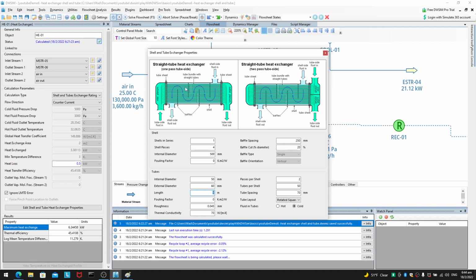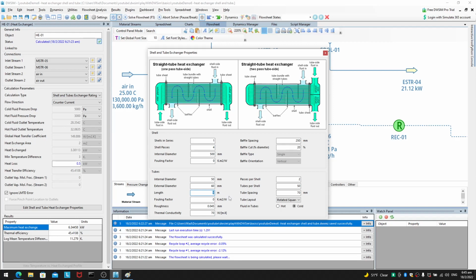You may of course want to leave some space towards the end of the tubes, like the inlet plenum and the outlet plenum. You might want to leave some space, but just bear this in mind. You may not always be contacting the whole shell and tube.